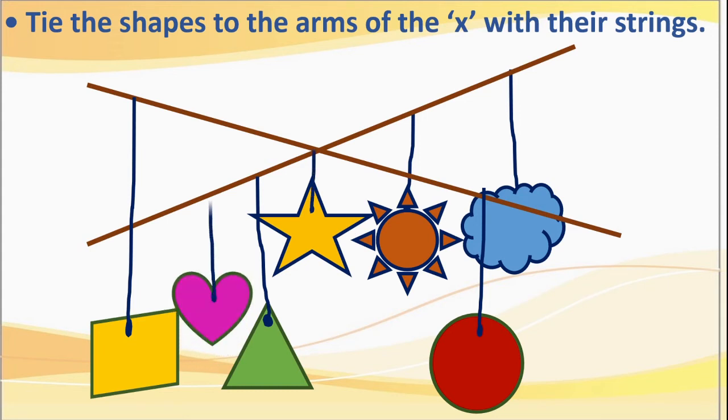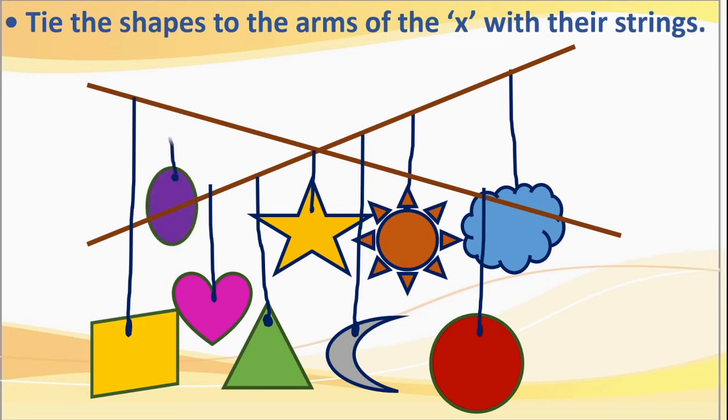Heart. Now what we did here? We tied the shapes to the arms of the X. Okay, here you can see.